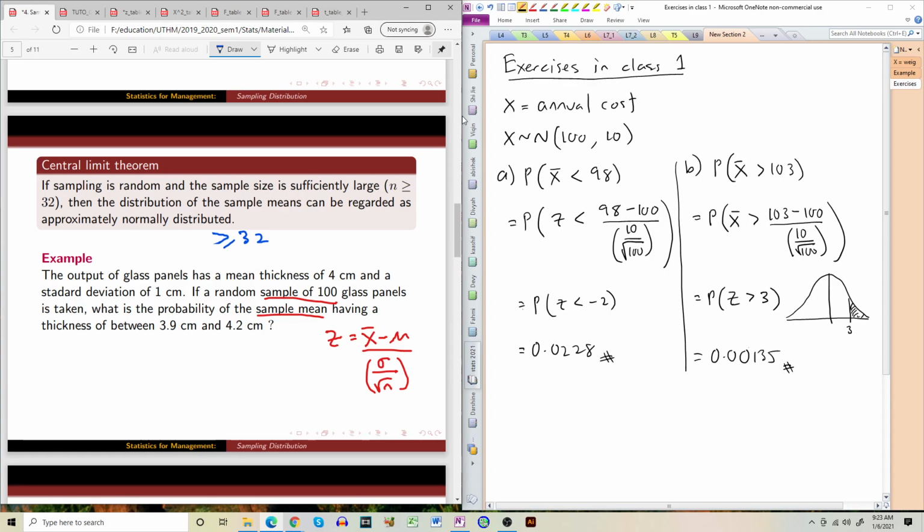Let us take 32 for this syllabus. If your sample is more than or equal to 32, it is automatically a normal distribution, even though they never mention the words normal distribution. You look at the sample now. This is 100. 100 is more than or equal to 32. Therefore, this is normal, so you can use the Z table.